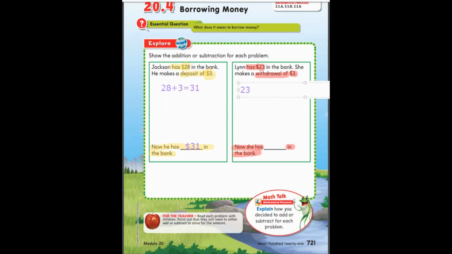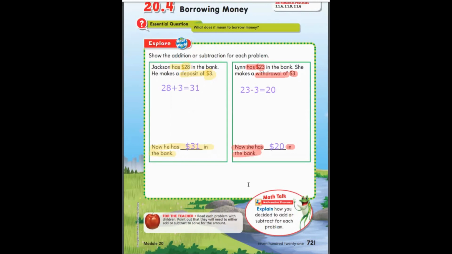Then she makes a withdrawal. So she retired $3. Now she has 23 minus 3 is 20. So her new money is $20 in the bank.